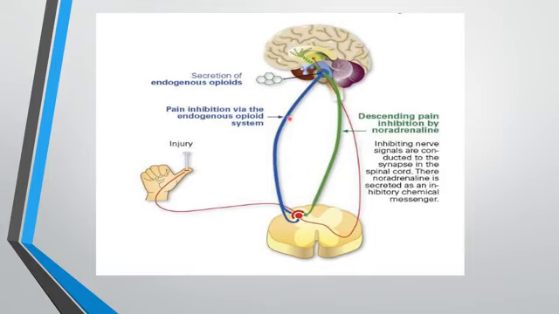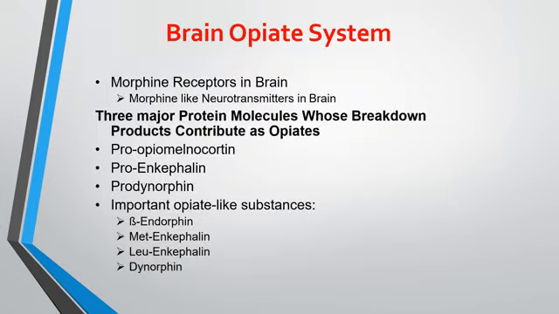One more mechanism is descending pain inhibition by noradrenaline. This is a neurotransmitter release, and noradrenaline also has a role in inhibiting pain. Inhibiting nerve signals are conducted to the synapse in the spinal cord, where noradrenaline is secreted as an inhibitory chemical messenger.